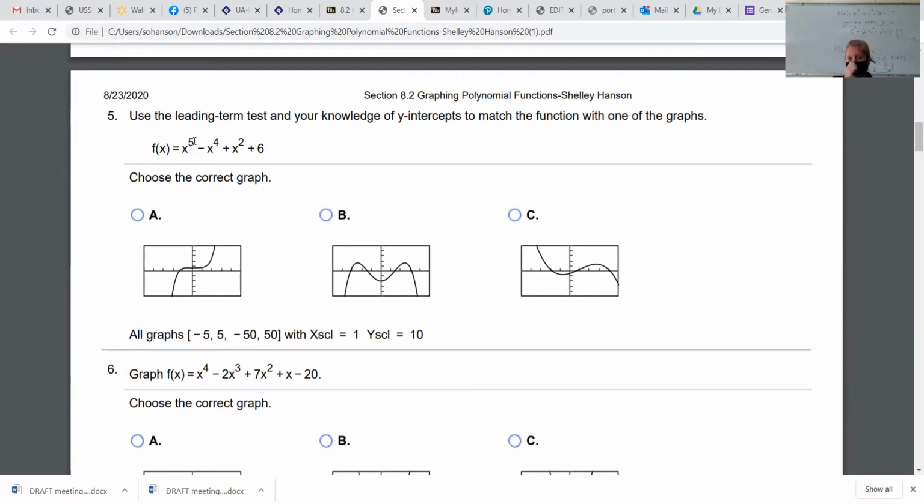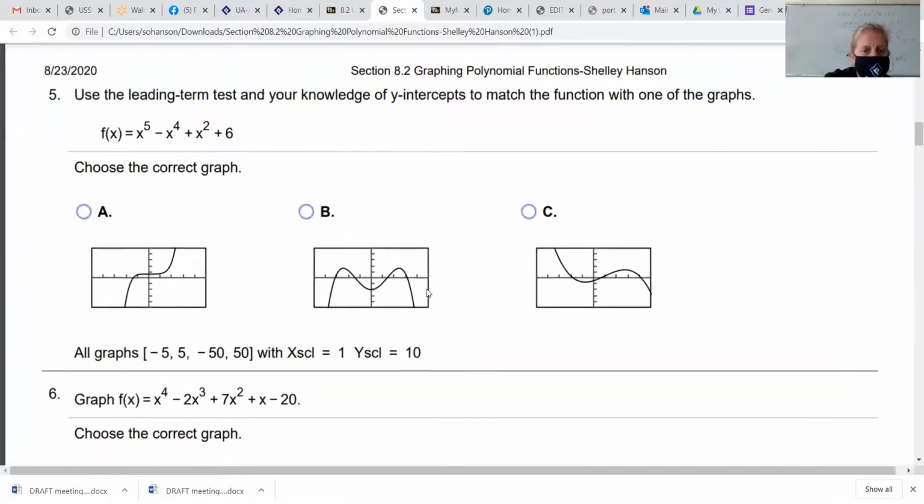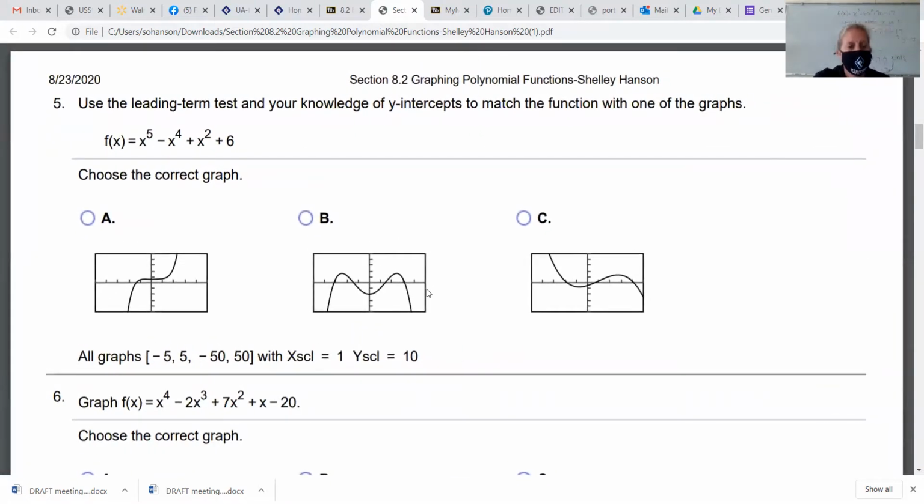That tells you they're not going in the same direction. One's up and one's down, which means it's not B, because B's are both going down. So now, A starts at the bottom and travels up. C starts at the top and travels down.